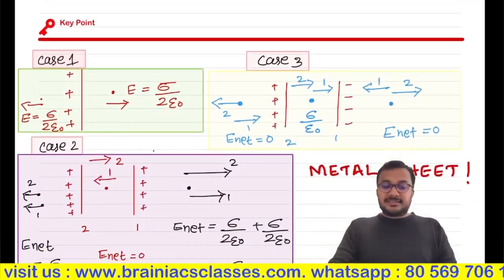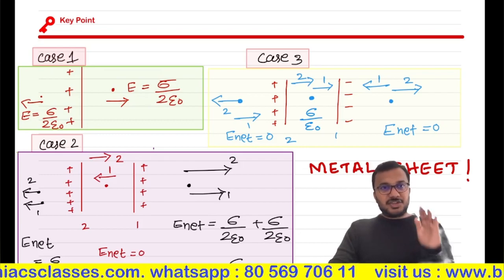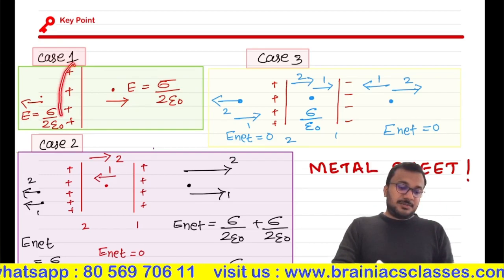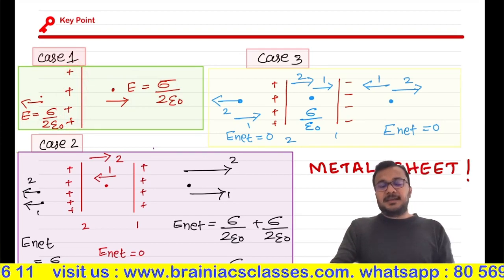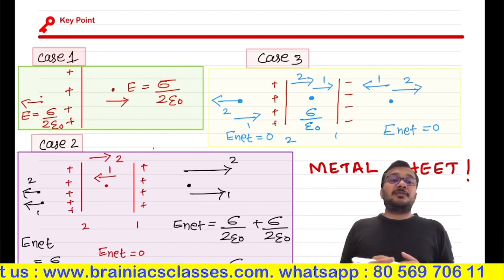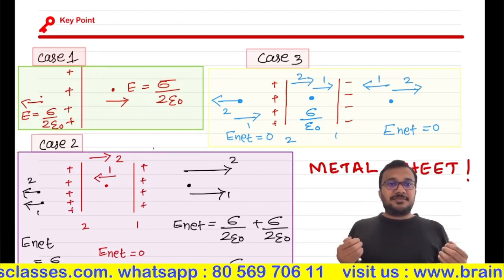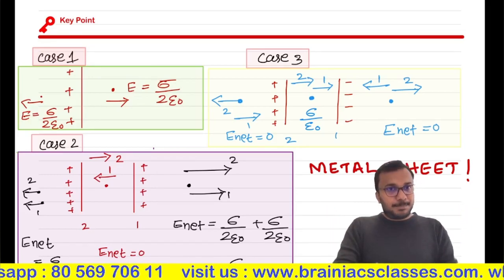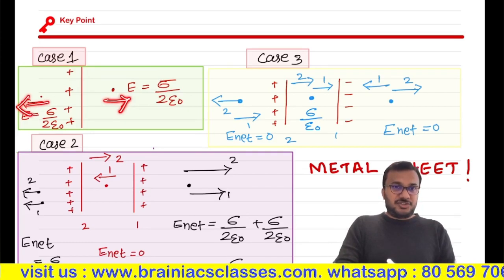Next, we are learning some key points which I already covered in the theory section, but we will revise it. Let's take a single sheet which has positive charges. Electric field lines are always going away from plus charge and always coming towards minus charge. Here it is a plus charge, so electric field lines are going away from positive charges.